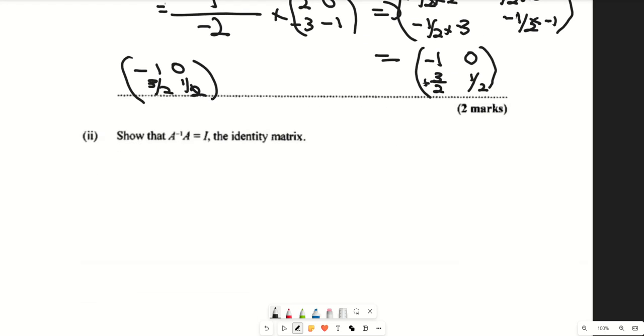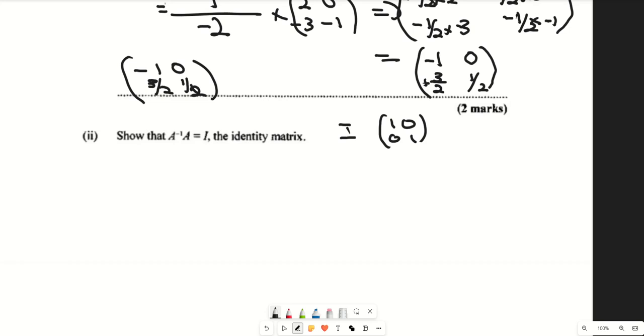Show that A inverse multiplied by A is equal to the identity. We have to recall that an identity matrix is always in the form of 1, 0, 0, 1.